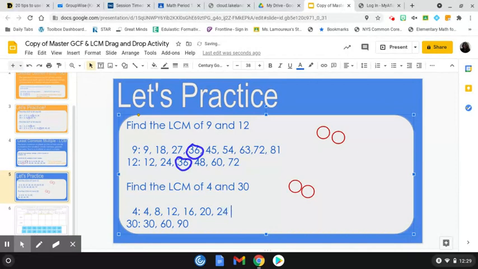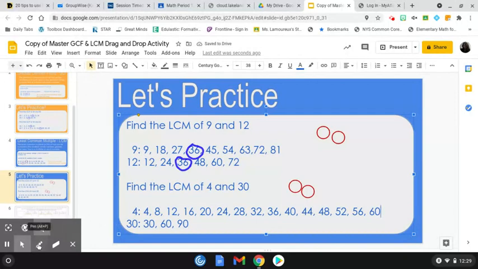If you're not good with your facts, just add 4 every time. 4 times 7, 4 times 8, 4 times 9, 4 times 10, 4 times 11, 4 times 12, 4 times 13, 4 times 14, and 4 times 15. I'm stopping there because I see the 60. So the least common multiple here is 60.